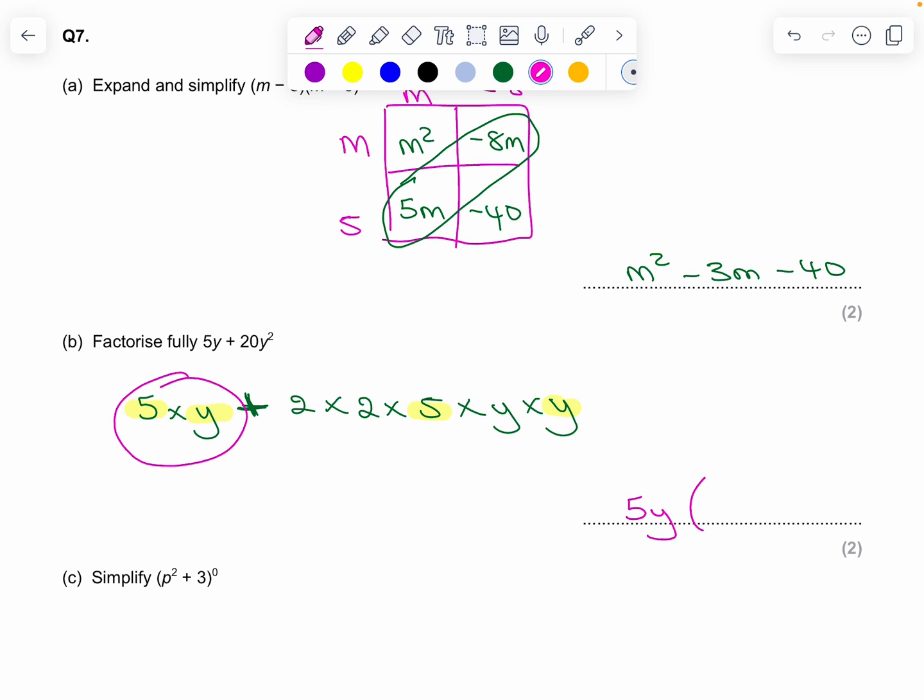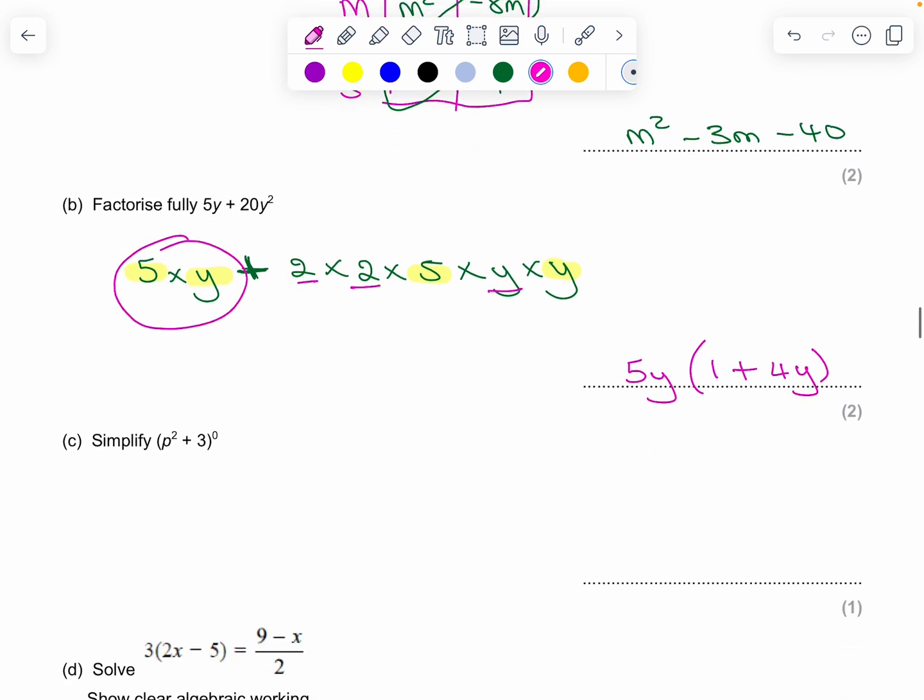What's left on this side of the plus sign? Nothing. Remember that we just put a 1 there then. Plus, what we're left with here is 2 times y. 2 times 2 is 4 times y, so 4y. And that's it.